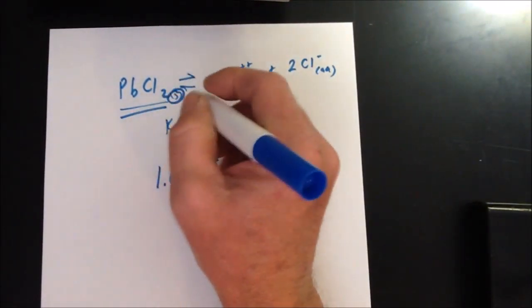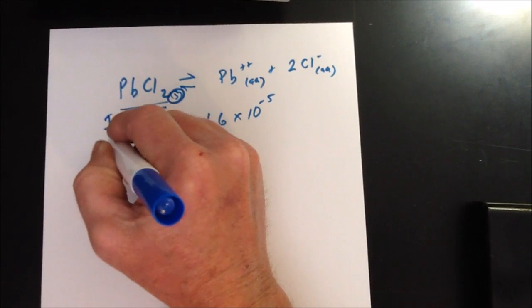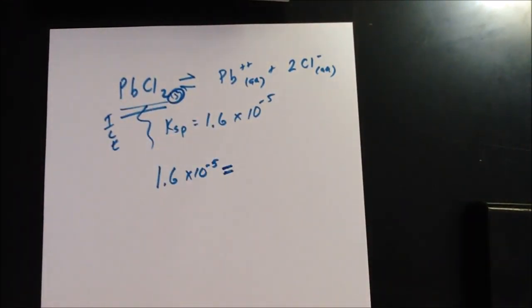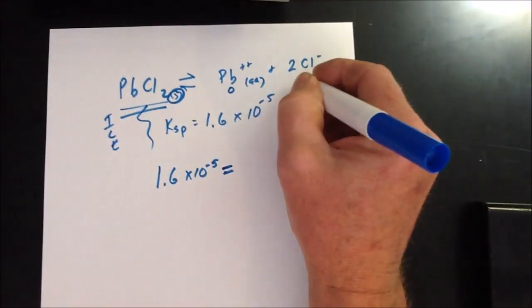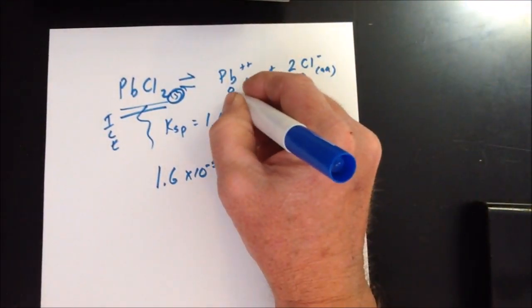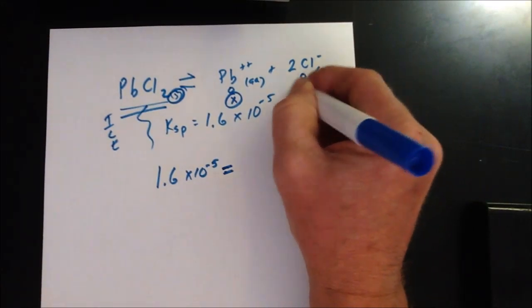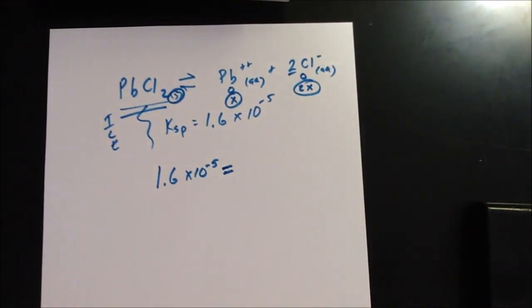Well, the good news is if I'm going to do an ICE table here, barely left myself enough room, I don't have to worry about this because it's a solid. And we're talking about these being none and none, so at equilibrium this one's going to be x, but this one is going to be double x because of the coefficient.